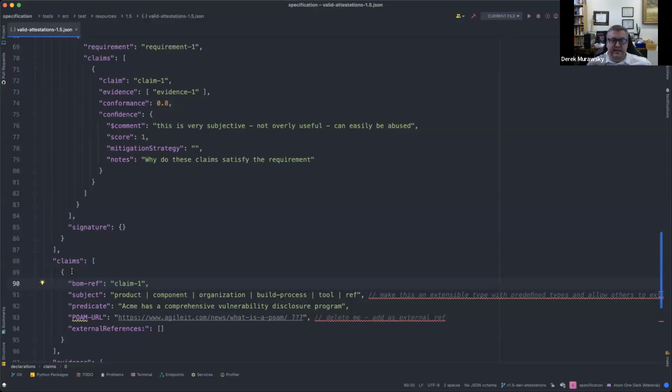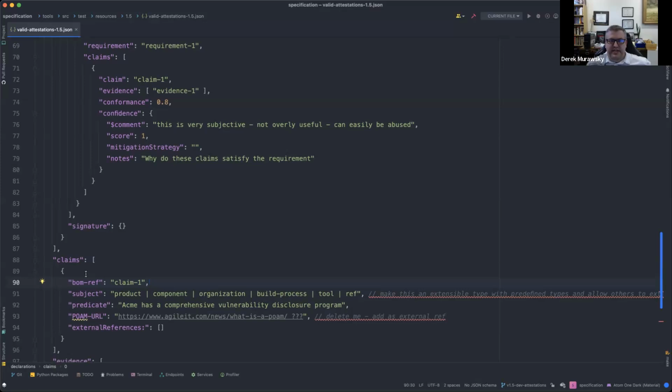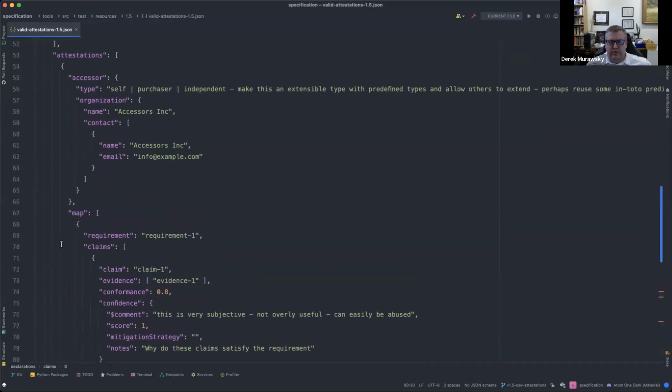And if we are doing it in a different way, we could say no, we're 100% conformant because of this evidence, and then in the comment we could say we are doing this via some other method. So that comment would be up there in that attestation mapping section, or in the notes there.